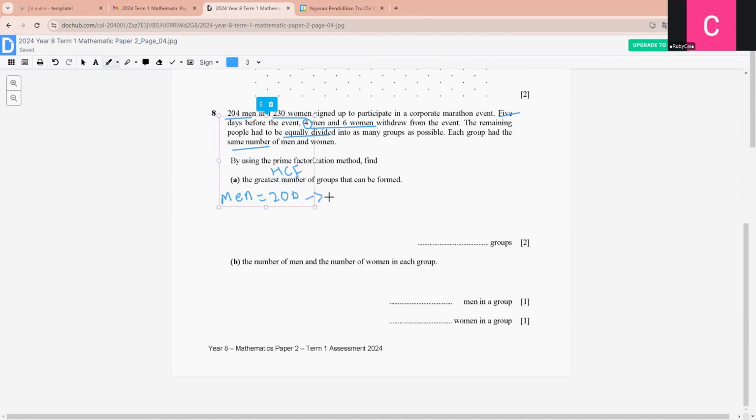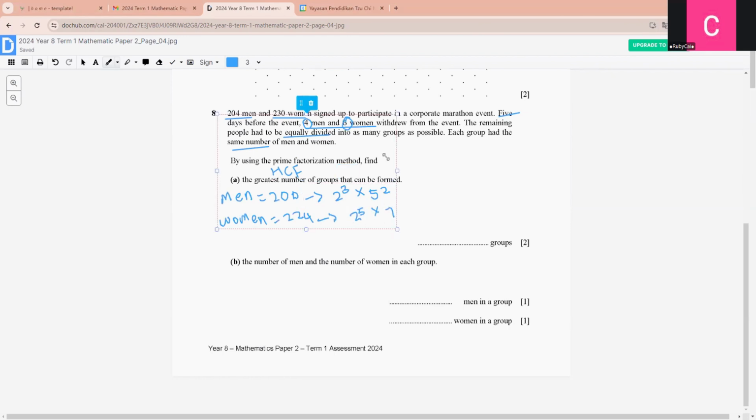And the prime factorization of that will be 2 cubed multiplied by 5 to the power of 2. And the women is 224 because 6 women withdrew, and that is 2 to the power of 5 multiplied by 7.